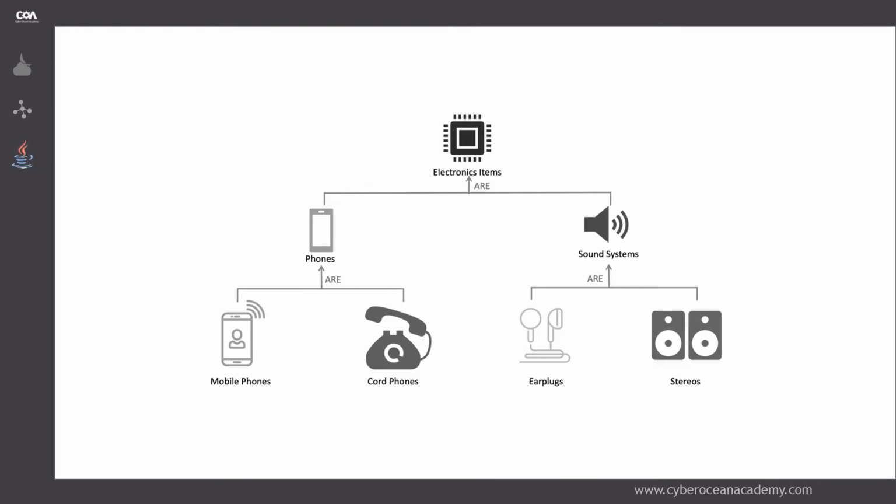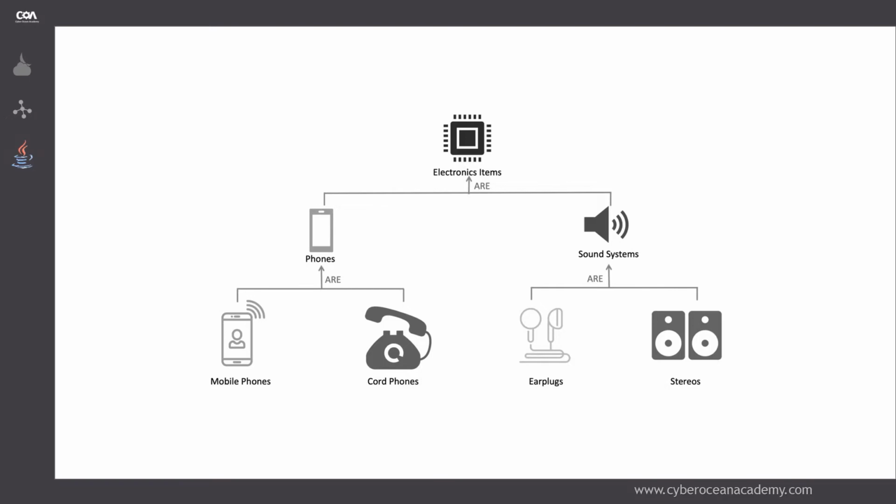There are two important things in inheritance: accessing the existing object's functionality. The two important things we usually talk about in inheritance are reusability and the is-a relationship. Here in these examples, at the top is electronic items. Phones are electronic items, sound systems are electronic items. Here you can see the is-a relationship. You can say it this way: a phone is an electronic item, and a sound system is an electronic item.